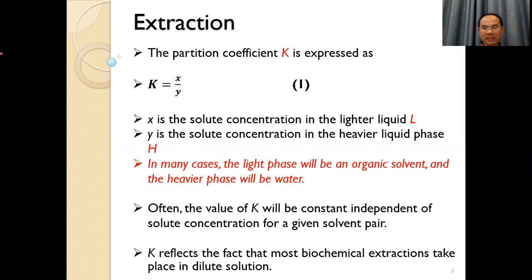Mostly in bioprocess, when we separate the mixture from the fermentation broth, water is the main component in our mixture, so we consider water as the heavy phase. The other solvent that we use to separate the solute, we call the light phase. Mostly we use an organic solvent.